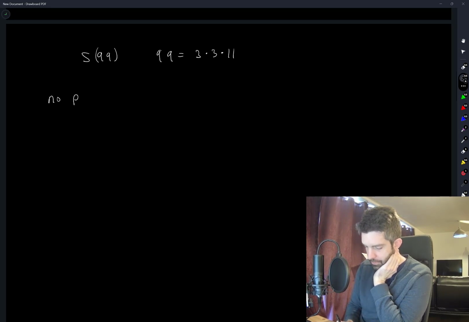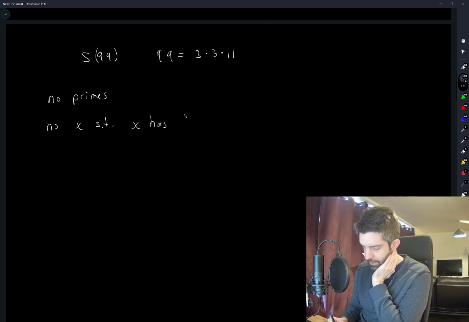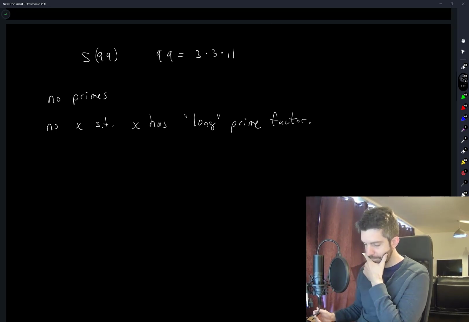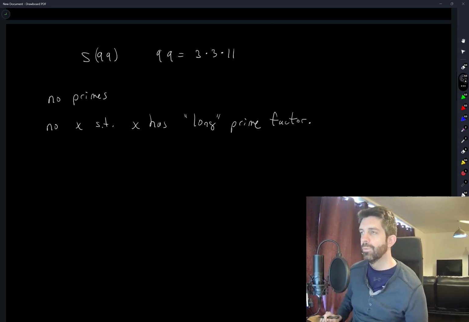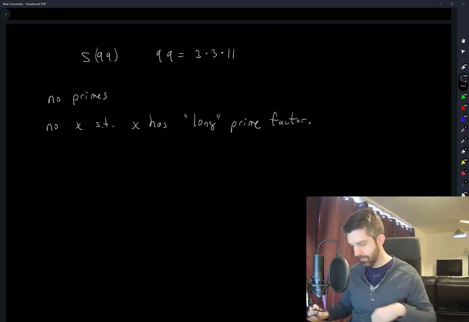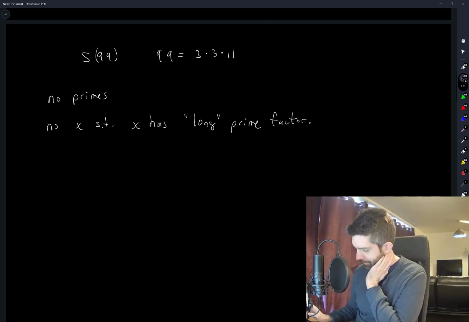So we have no x such that x has, I'll put in quotation marks, a long prime factor. So that rules out a lot of numbers, multiples of 11, 13, 17, and so on.